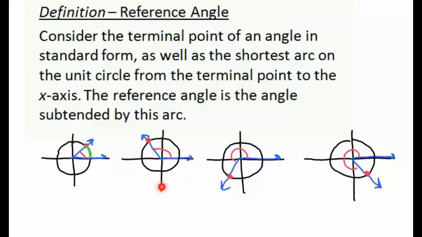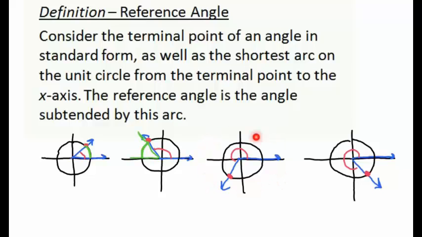If our angle is a little bit bigger than 90 degrees, somewhere between 90 and 180, we're in quadrant 2. In this case, the shortest distance from our terminal point to the x-axis happens to be over here. So it's this angle that I'm going to draw in green that's going to be our reference angle.